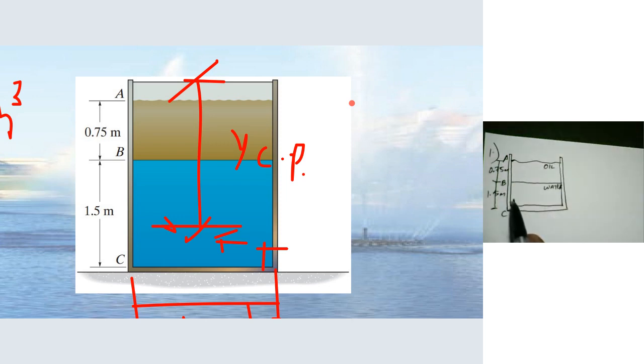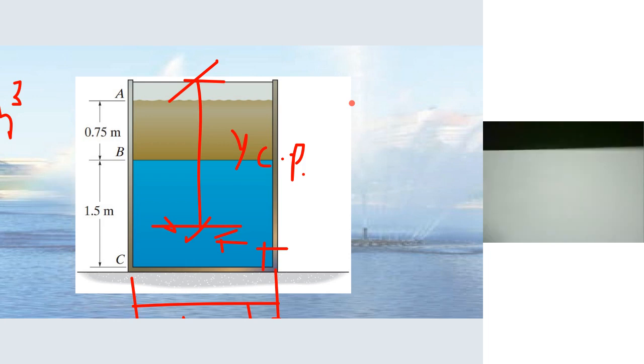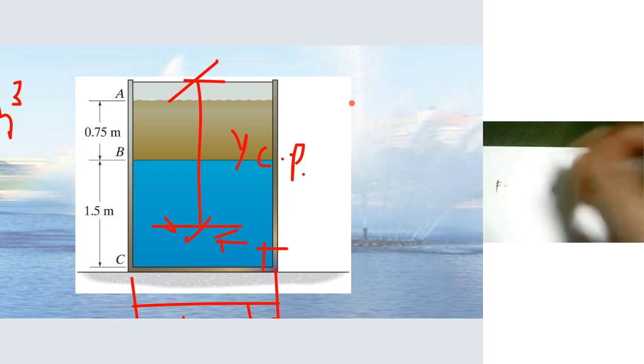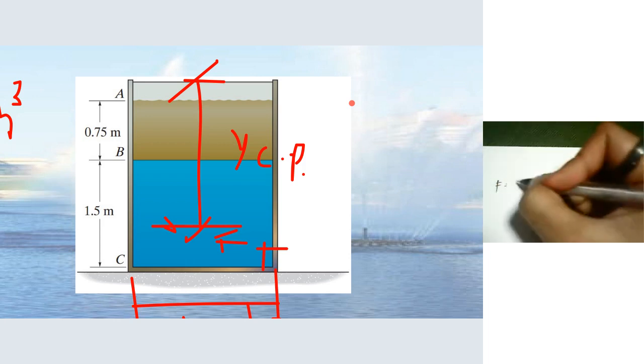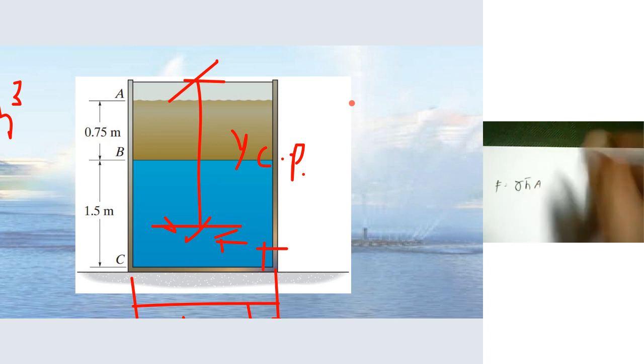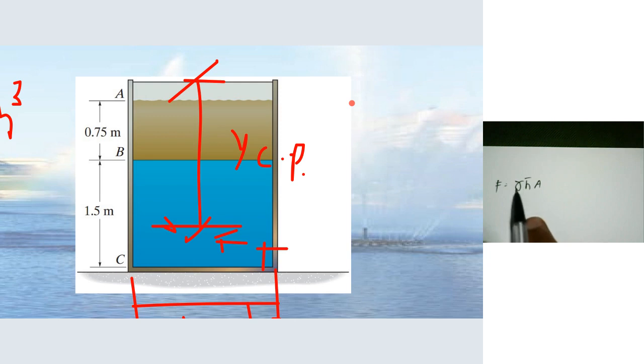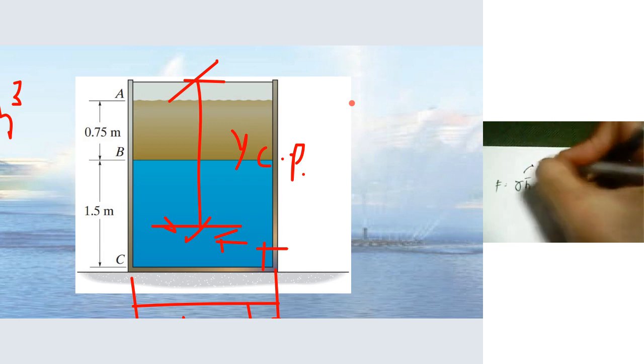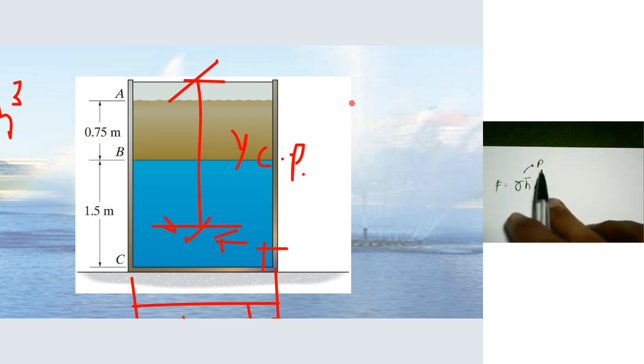Okay. We can get the pressure muna. Okay, because basically, yung formula natin is gamma h bar A. Now, yung gamma h, recall, it is pressure. Right?